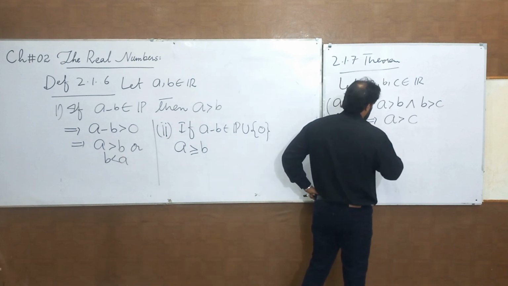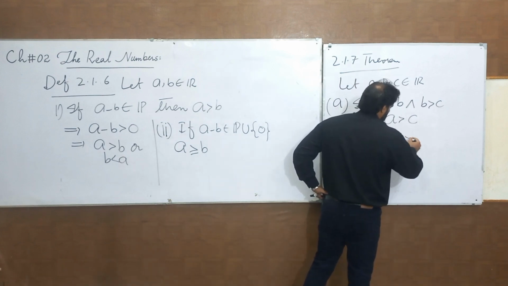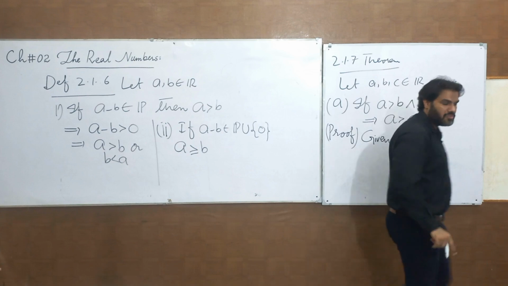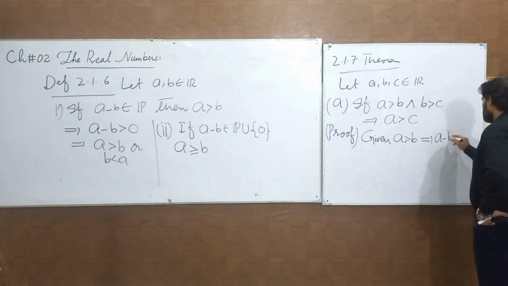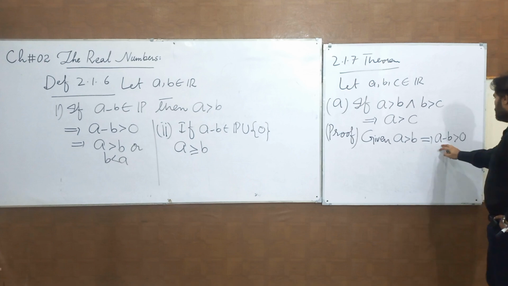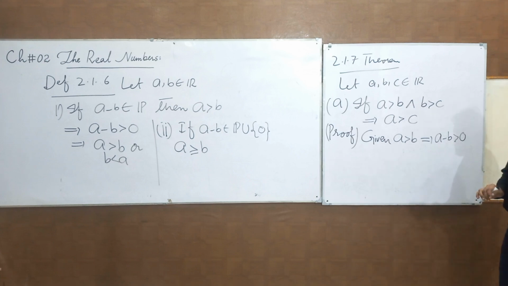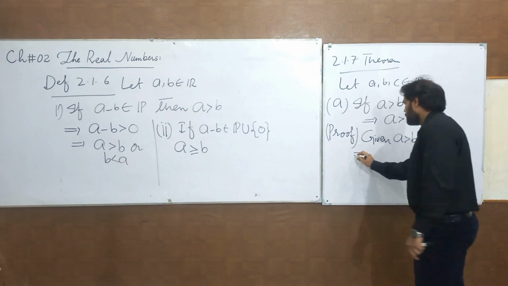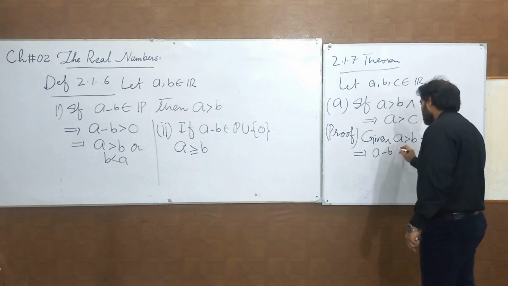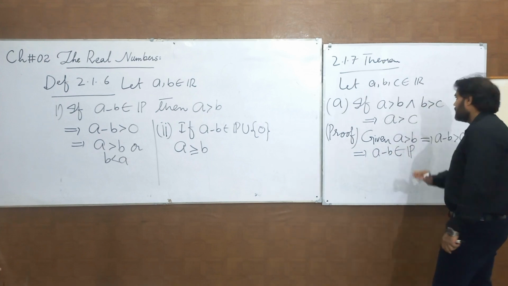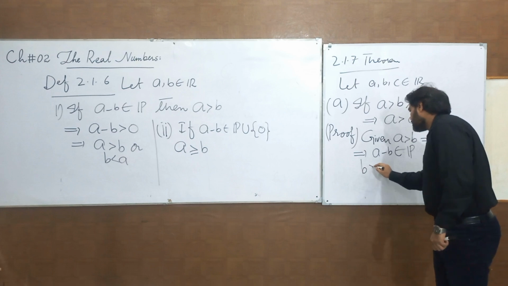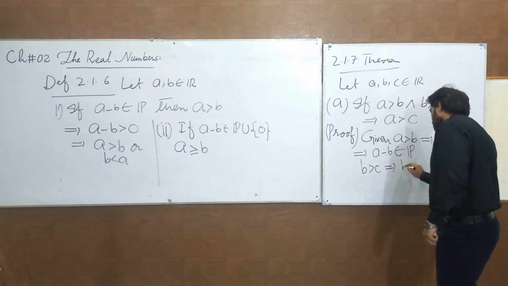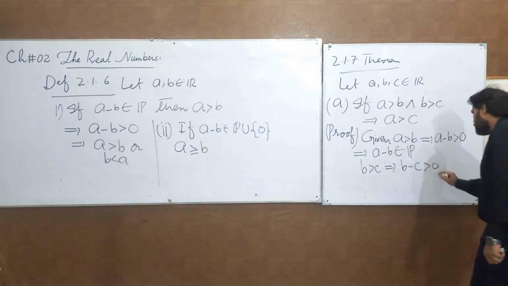Given A is greater than B, this shows that A minus B is positive, A minus B is greater than 0. This implies A minus B is an element of set P. Similarly, if we consider the second inequality, B is greater than C implies B minus C is greater than 0.